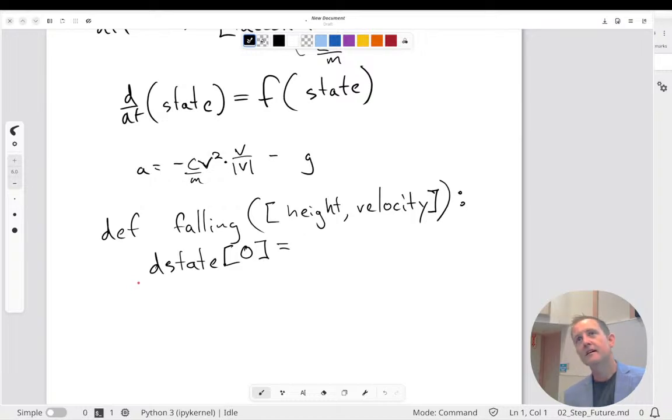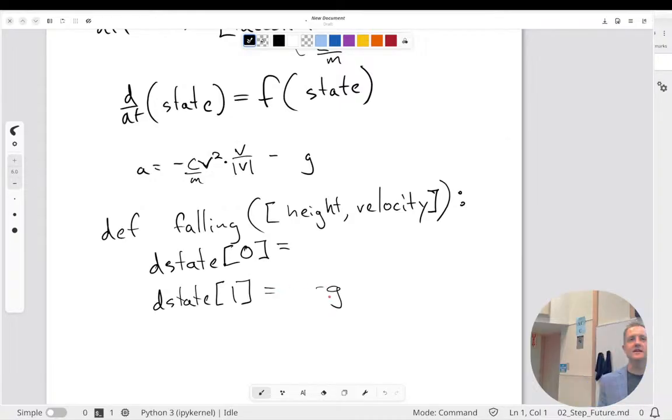Because the derivatives are velocity and acceleration. Oh, okay. I think you're thinking of the second one. This one will definitely have a negative g in there. But what's the change in the height? Because that's what the derivative needs to tell us. How fast does our height change?